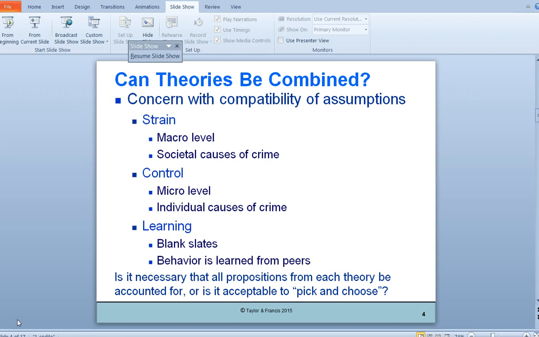For instance, strain is a theory that looks at crime on the macro level and looks at societal causes of crime, whereas control is more of the micro level, looking at individual causes of crime, as well as learning theory, where the person starts off with a blank slate and therefore behavior is learned from peers and not society.